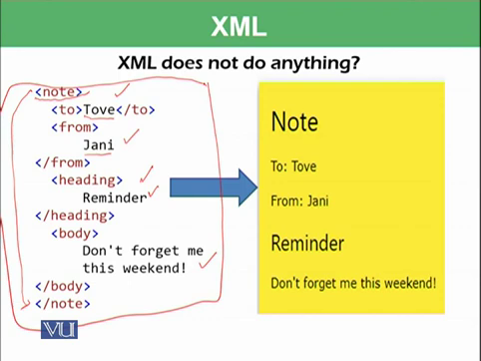So this means that you need to write some other software part which will understand this code and will translate it into an output like this, which we have on the right side. So such a software needs to be written, that is reading XML tags and data from XML tags and then printing it in this way.